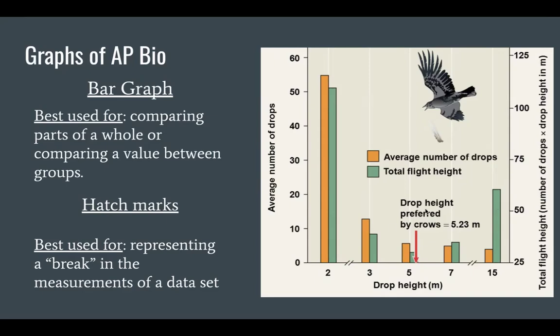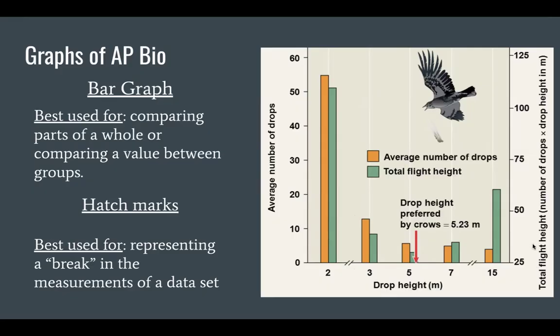And so what you can see based on this information is that the orange bars represent that as you increase the drop height that the bird is dropping these seeds, the amount of times that the bird has to drop the seed decreases. So that's this orange bar right here. The average number of drops decreases as you increase the drop height.